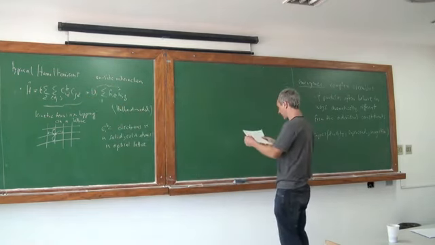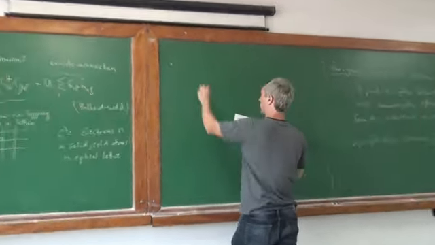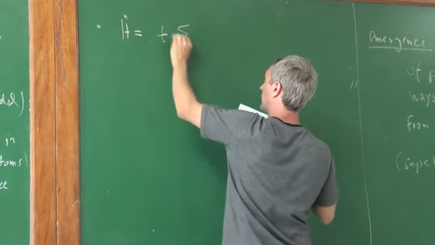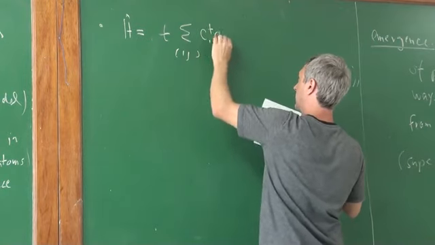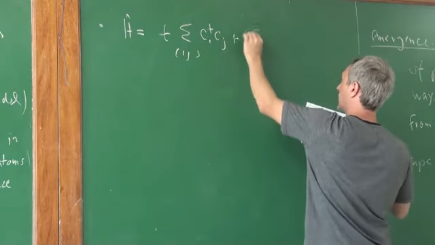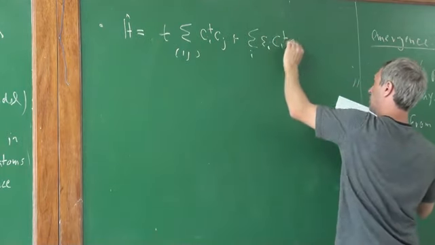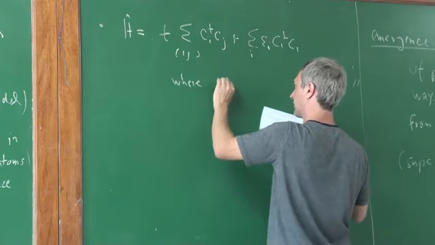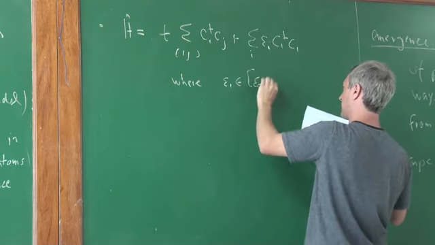So another typical problem that people study is the Anderson model, where now you have a non-interacting system, where again, let's take spinless electrons, you have a hopping term, and then you have some on-site energy, which in this model is just taken as a random number, let's say from some energy interval.